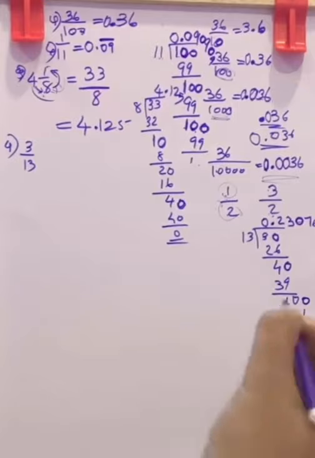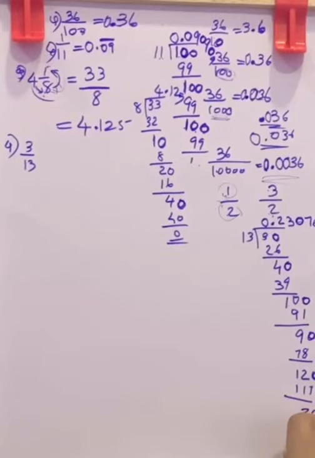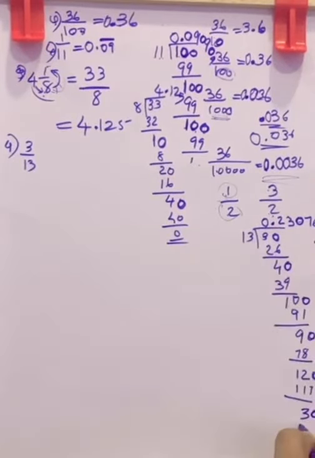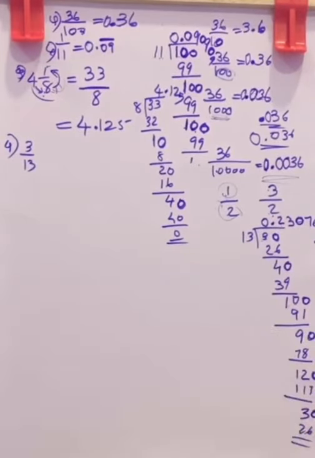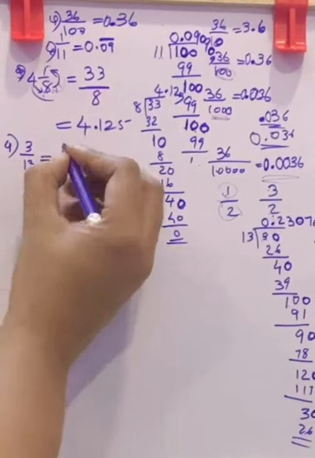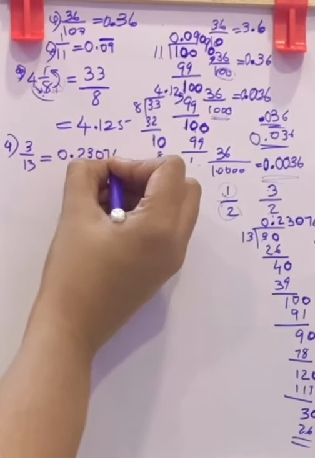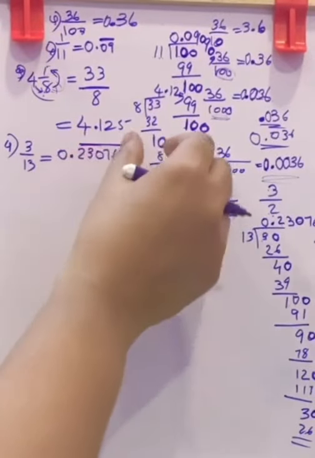Now make it 120, 9 times 13 is 117, balance is 3, again 30, it goes 2 times, 26. So here it was 30, it will repeat here again. So we can stop here and write it as 0.230769. The set of numbers repeats.